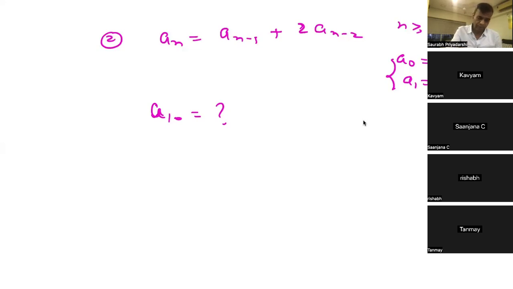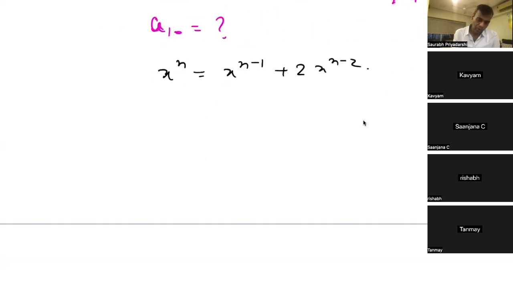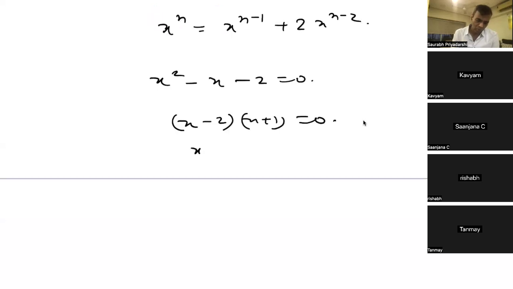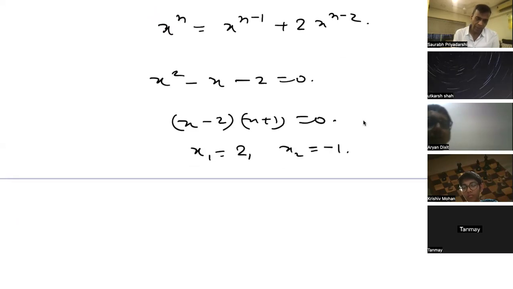See, this we can write as x to the power n is equal to x to the power n minus 1 plus 2 times x to the power n minus 2. Or this will be x square minus x minus 2 is equal to 0. This will be factorized as x minus 2, x plus 1 is equal to 0. So x1 is coming as 2 and x2 is coming as minus 1.